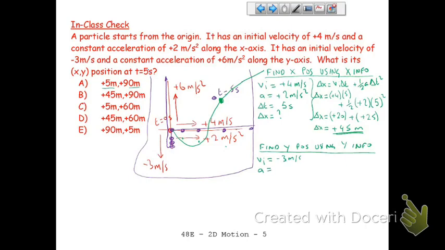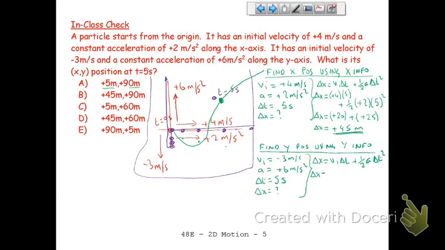A is equal to plus 6 meters per second squared. Delta t is equal to 5 seconds. Delta y is equal to, I don't know. Same equation. Delta x is equal to VI delta t plus 1/2 a delta t squared.